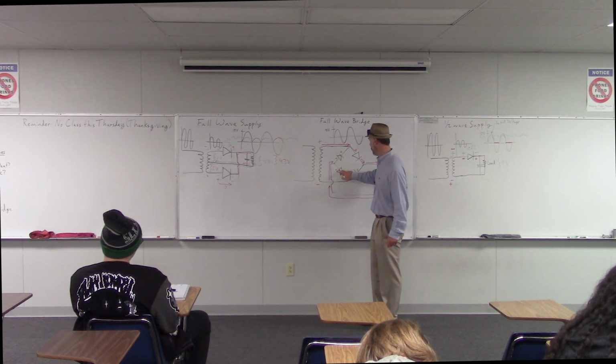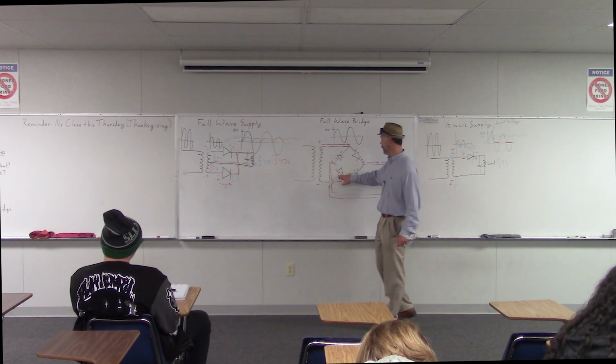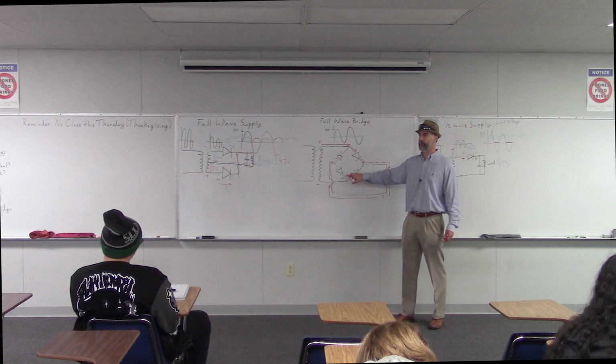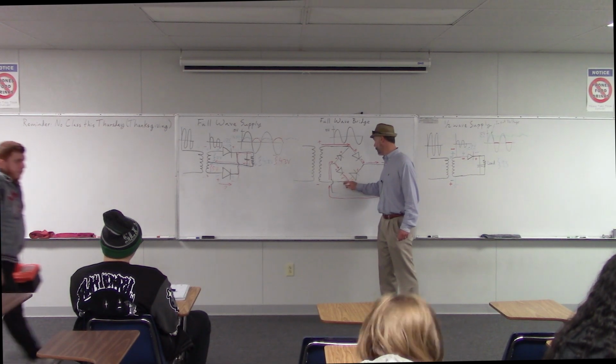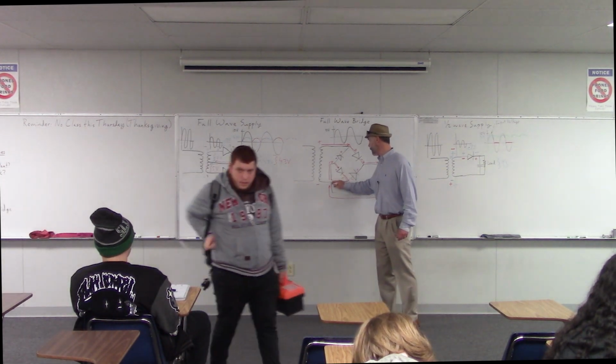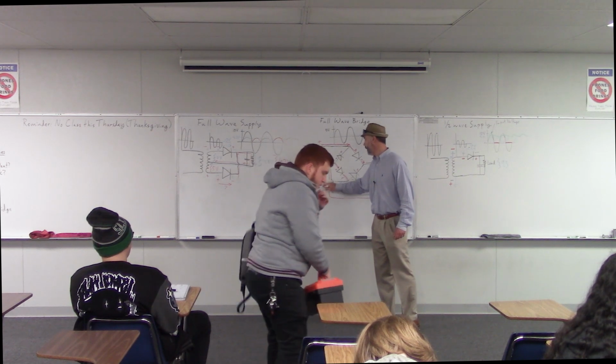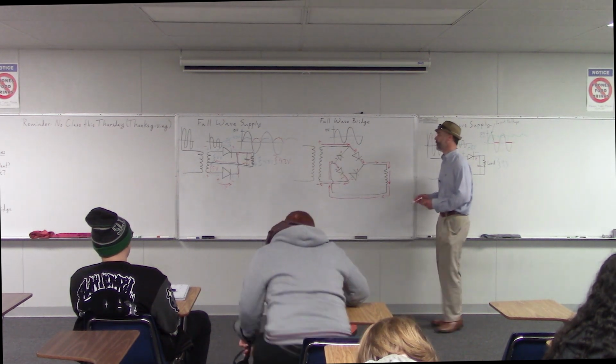And now, is this diode down here forward biased or reverse biased? Forward. Perfect. So the electricity goes through this diode, and it flows back around to the negative side of our transformer.